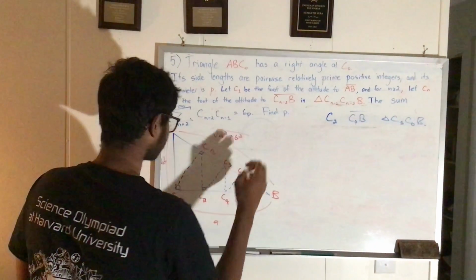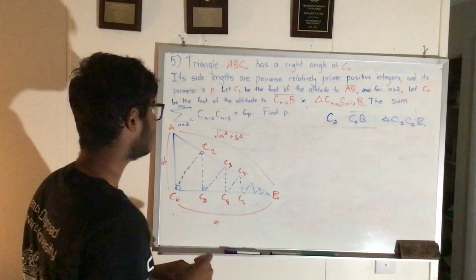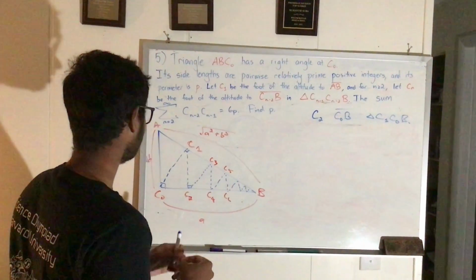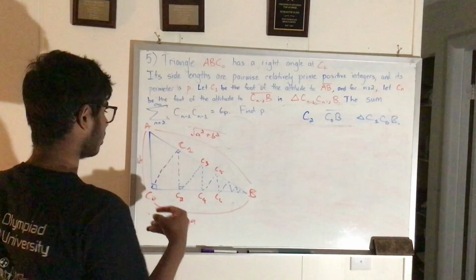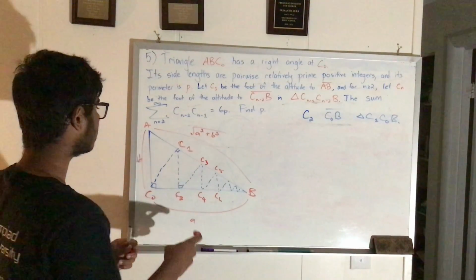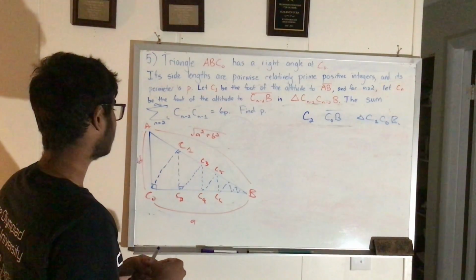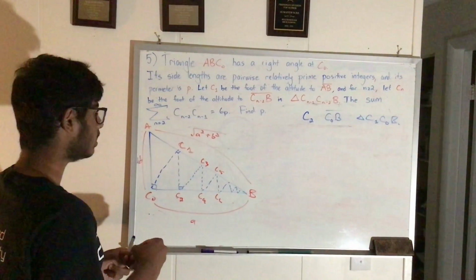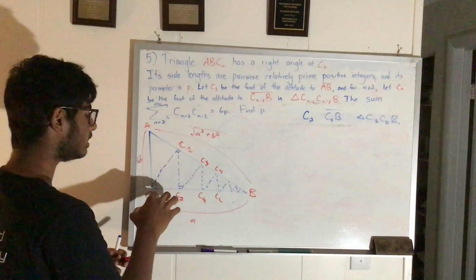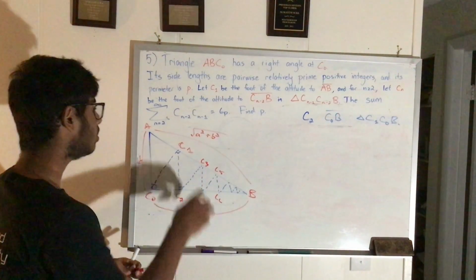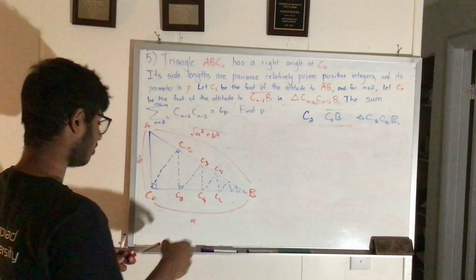And so here we can find the length of C0C1, because we want to find the length of all of these segments. And you can find that by using the area formula for a triangle. There are 2 ways to find the area here. You can either multiply AC0 and BC0 and divide by 2, or multiply AB and this altitude and divide by 2.